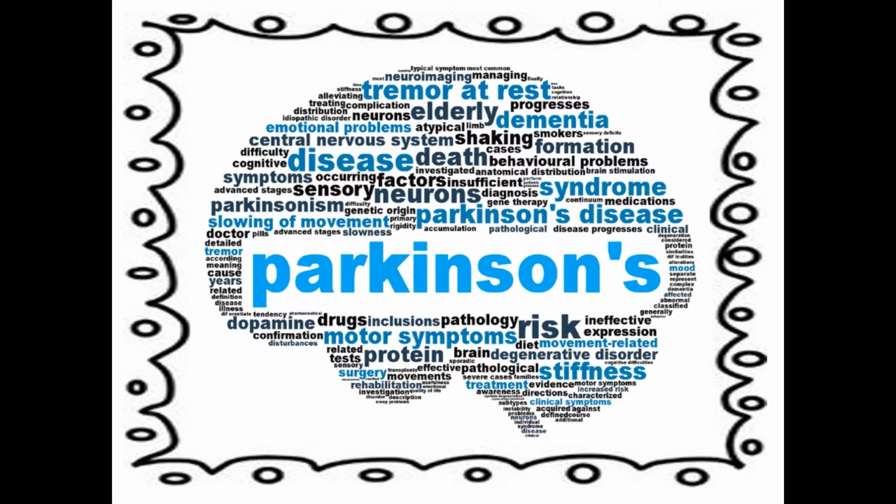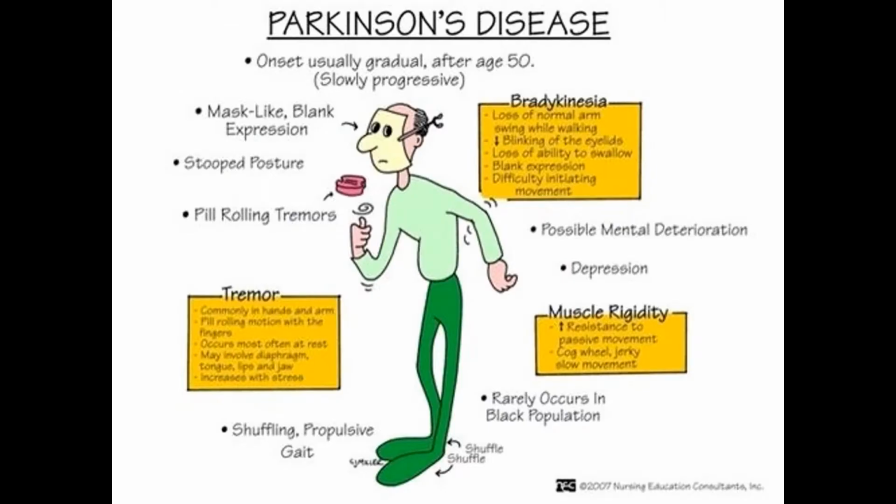Now let's move on to talk about Parkinson's disease. Parkinson's disease patients are talked about in Med-Surg Chapter 48, but in this picture we're looking at all the signs and symptoms of Parkinson's disease. It's a very slow, progressive disease that is caused by the degeneration of the CNS.